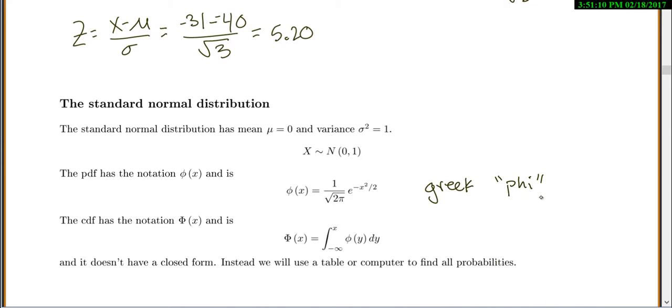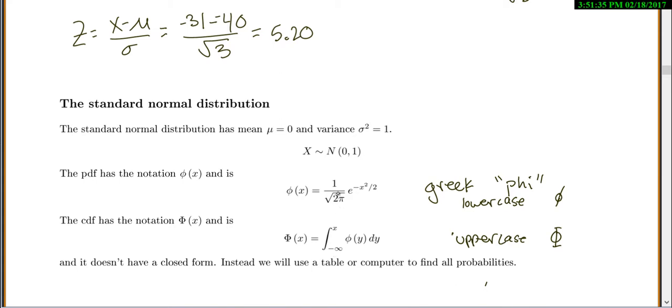So you can call it phi or phi. This is the lowercase, and uppercase is like that. Okay, so we do the lowercase for our PDF and uppercase for our CDF, just like we did with our little f and capital F.